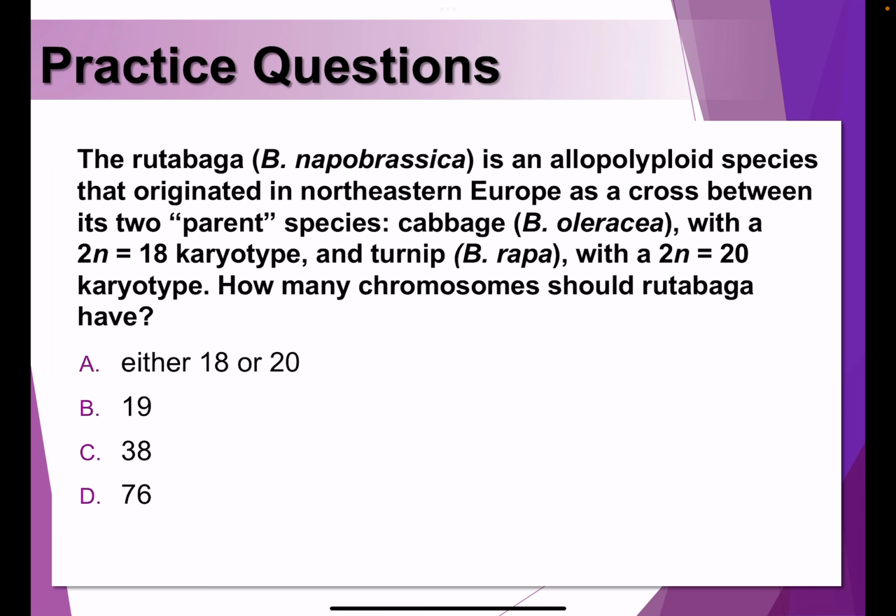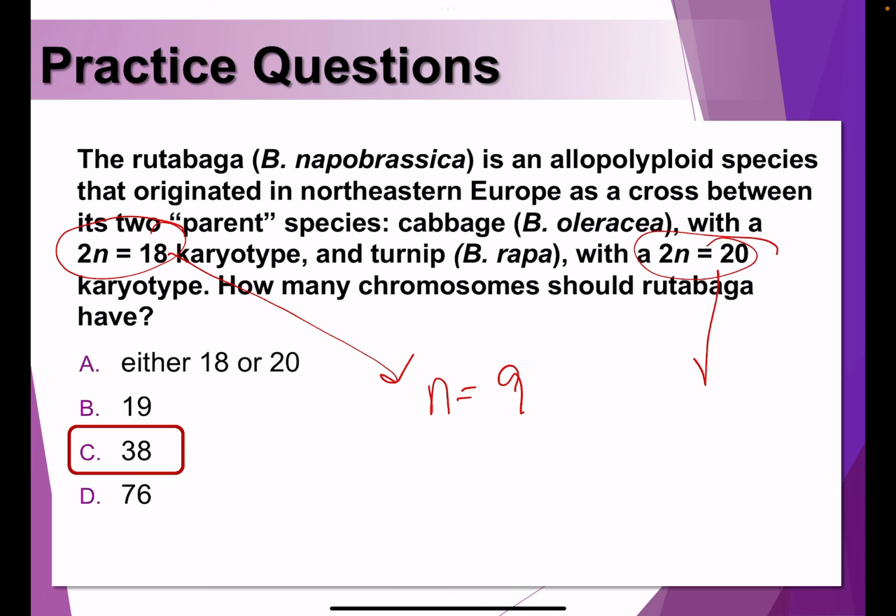The rutabaga is an allopolyploid species that originated in northeastern Europe as a cross between its two parent species, cabbage, which has a diploid number of 18, and turnip, with a diploid number of 20. How many chromosomes should rutabaga have then? 38. Remember that you have 2n of 18, which means their gametes, which are haploid, will have 9.